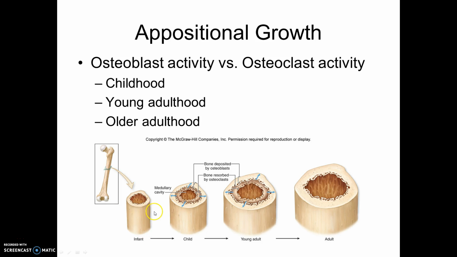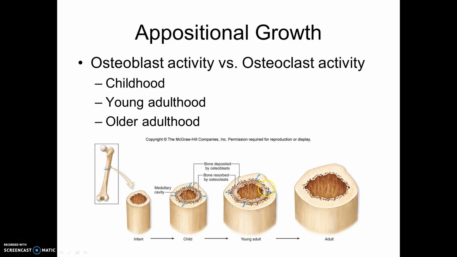And you can see here between infancy and childhood, the osteoblast activity would be quite active. As is the osteoclast activity, or basically just beginning. The osteoclast activity is going to hollow out that medullary cavity so that it keeps up with the growing circumference or the diameter of the long bone.